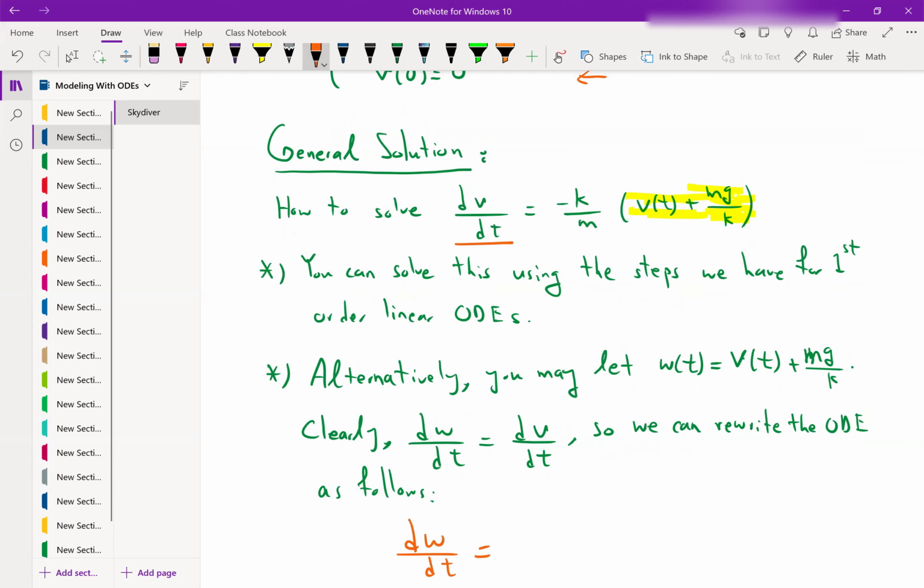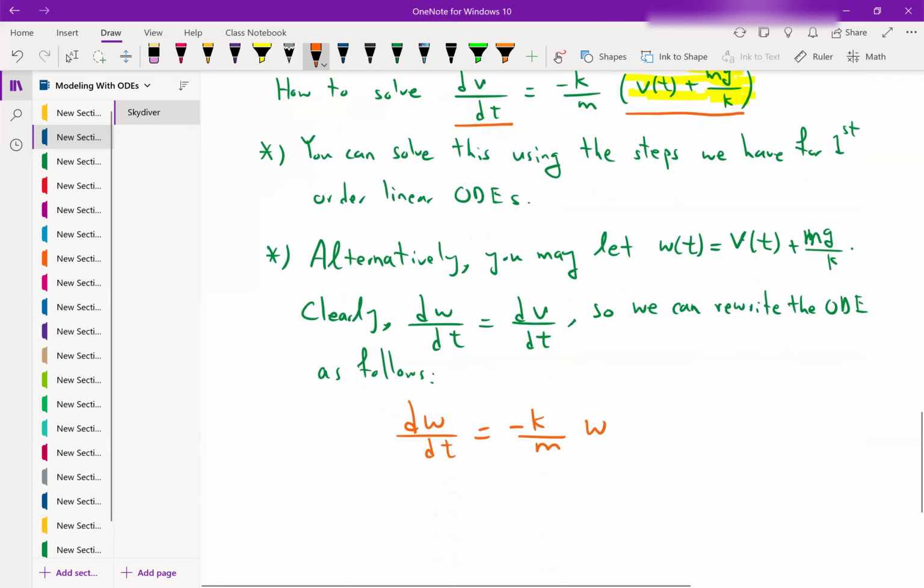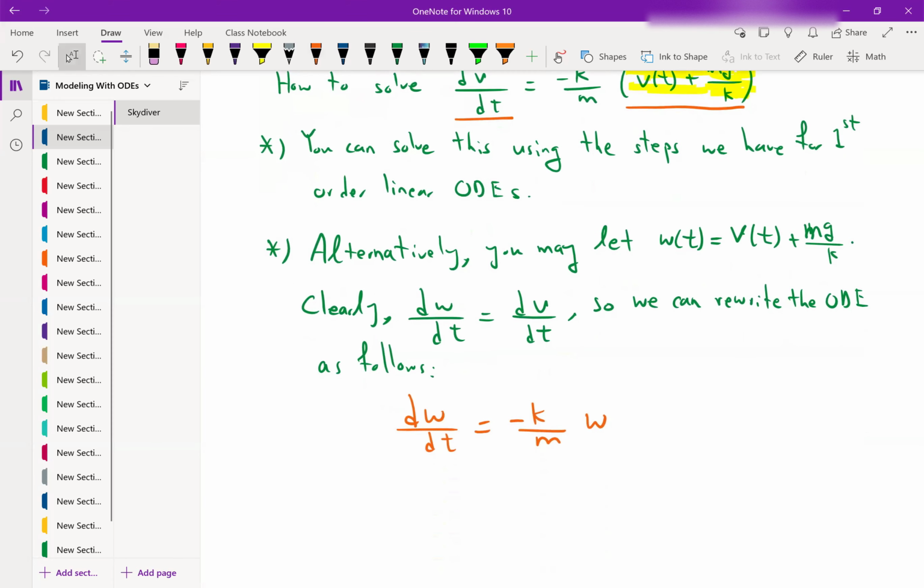And then on the right-hand side, I will have negative k over m multiplied by w itself. So the equation that we want to solve has the left-hand side dw/dt and the right-hand side negative k over m, which is a constant number, times w. And there is one ODE that anyone who wants to claim that they know ODEs needs to memorize the solution to. And it is the ODE of this form.